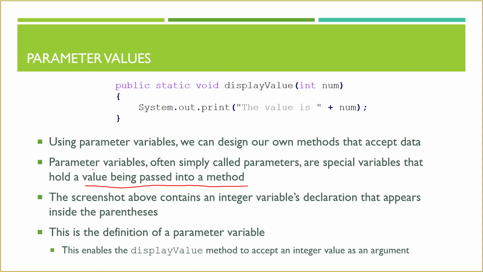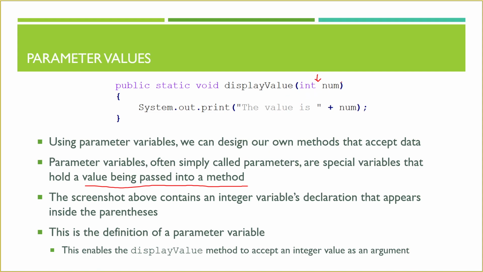So parameter variables are used to store arguments. So here's a little example. Let's say I want to display a value. Here I have written a parameter variable, right, inside the parentheses. The code examples we've seen so far did not have anything inside the parentheses when we wrote our methods. This one does. So our parameter variables go inside the parentheses.